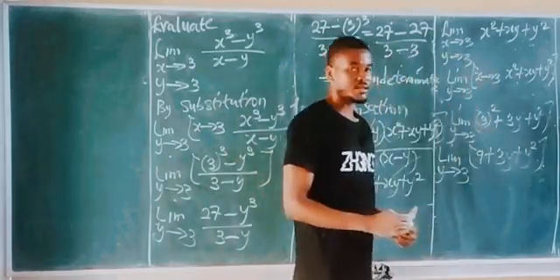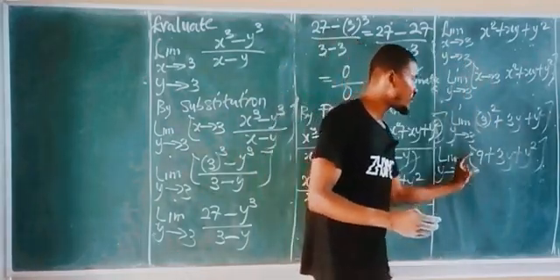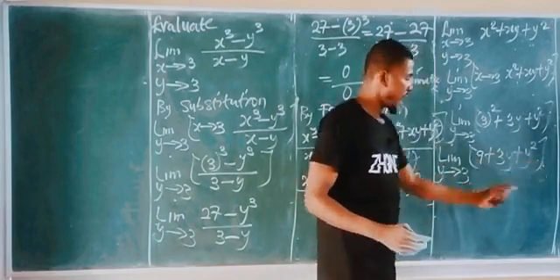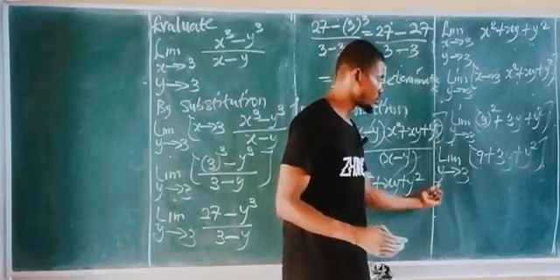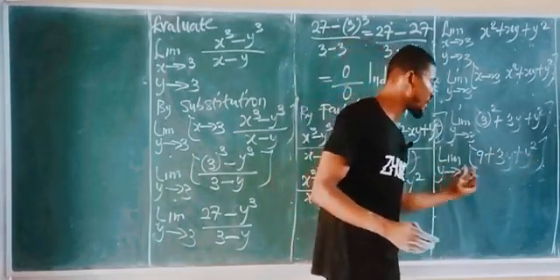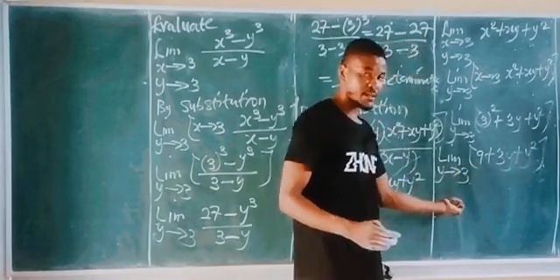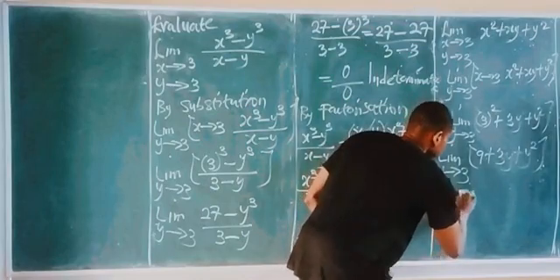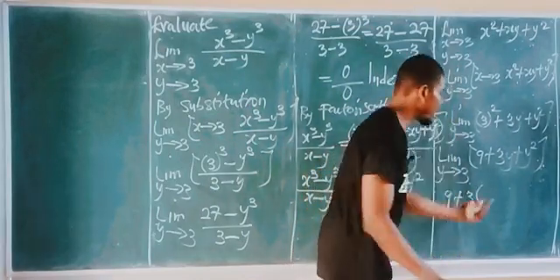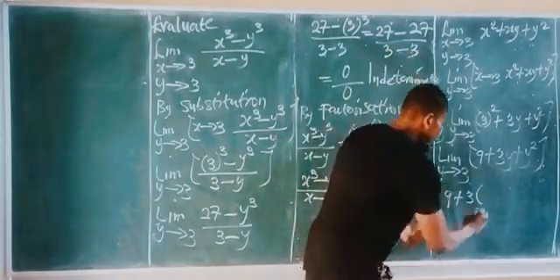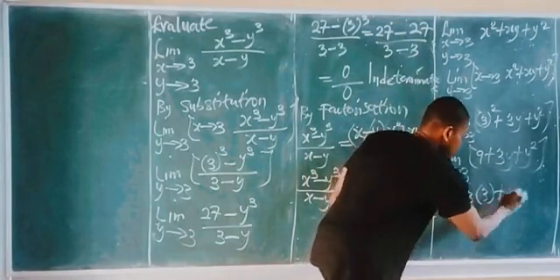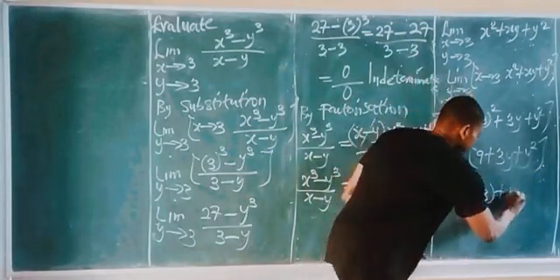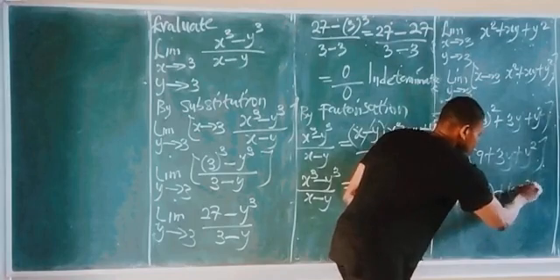At this point I have all my variables in y. I can now substitute the value of y as 3. So I will have 9 plus 3 times 3, plus 3 all squared.